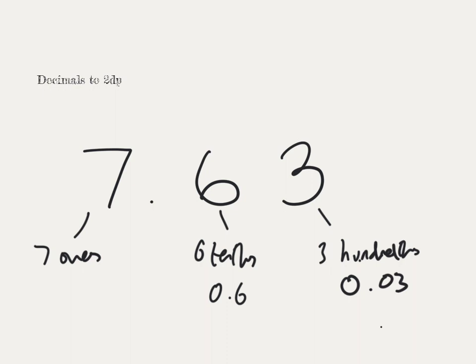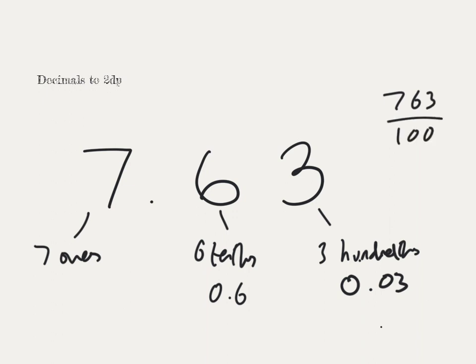If I think of it as pennies, if I wanted to make it all out of pennies, 3 pennies, add 60 pennies, add 700 pennies, that'd be 763 pennies, or 763 hundredths altogether.